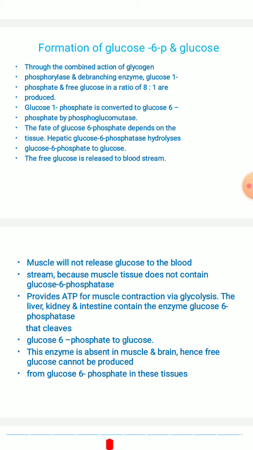As such, glucose 6 phosphate can enter into glycolysis, depending upon the tissues, right? The fate of the glucose 6 phosphate depends only upon the tissue. The liver, kidney and even the intestine contain this enzyme glucose 6 phosphatase, except the muscles. That's why we provide the ATP via glycolysis for muscle contraction.